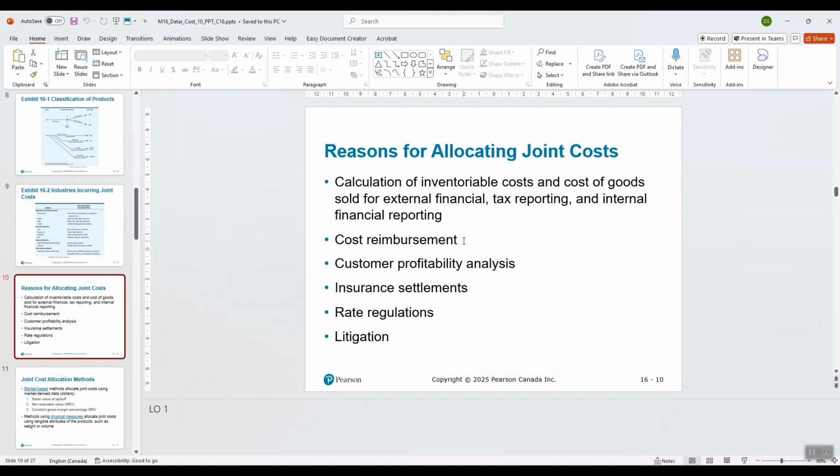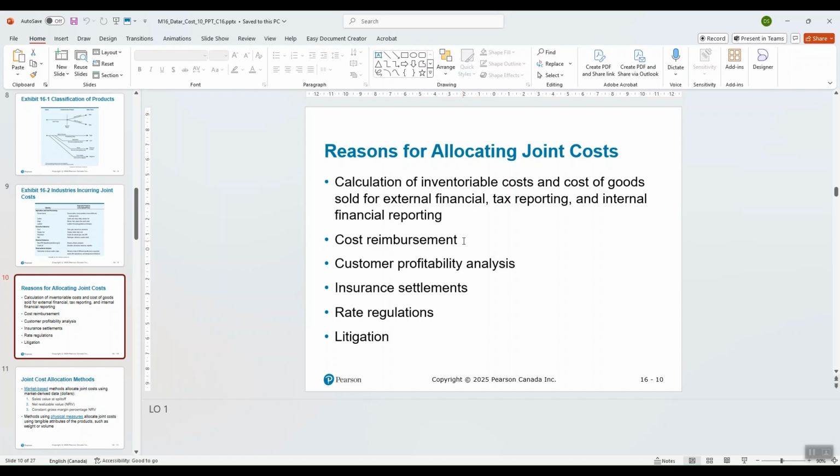So there's a reimbursement that happens. Sometimes it's a different department, so therefore the costs need to be allocated to make sure that it's reimbursed. Sometimes these products may be grouped together and reported in a separate entity. So in that case, if it's a joint cost, that joint cost needs to be allocated and reimbursed from one department to another. So it is important for that reason as well.